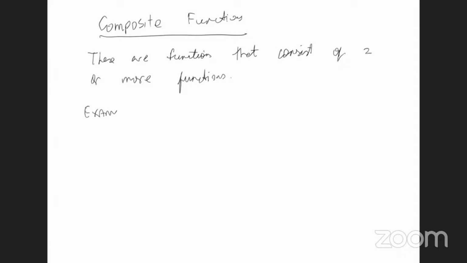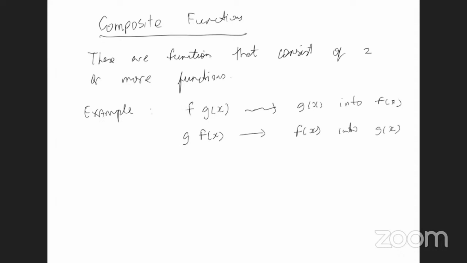So for example, if I give you f of g of x, that's a composite function. What does this mean in words? This is saying g of x goes into f of x. Similarly here, f of x goes into g of x. What about f squared? What does that mean?